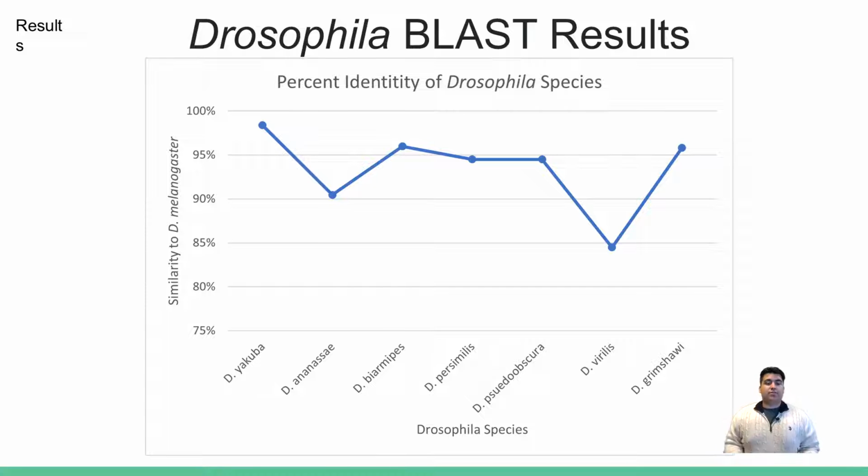So this supports the null hypothesis, which is that the distantly related species do not experience a negative correlation to relatedness.